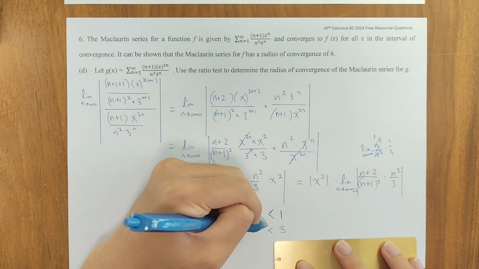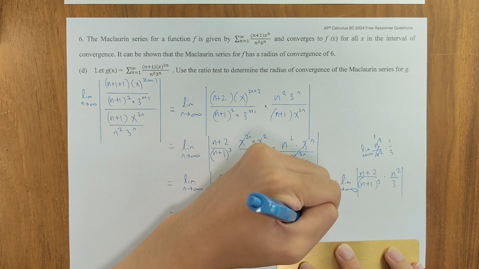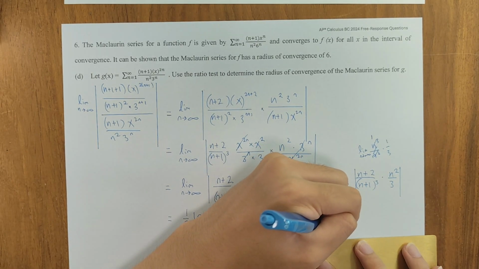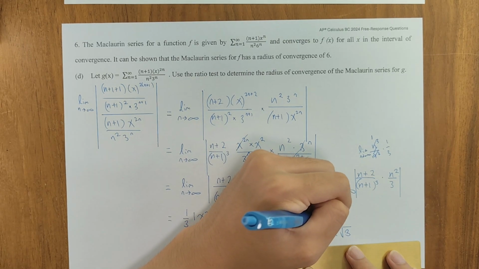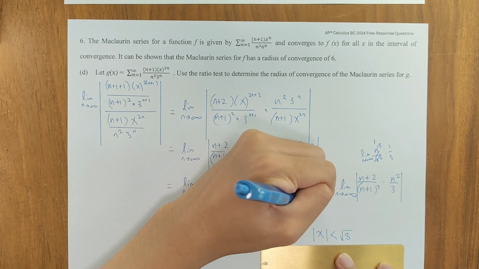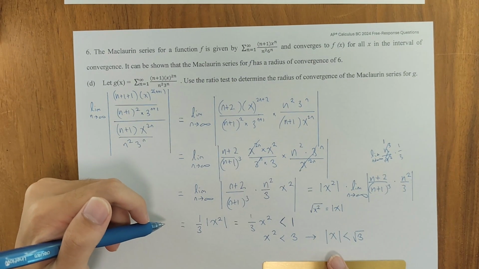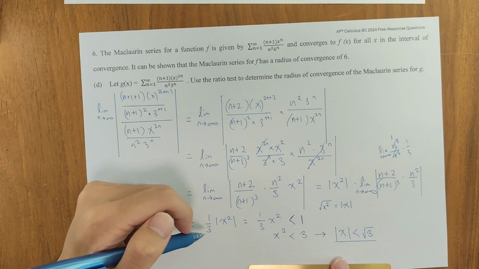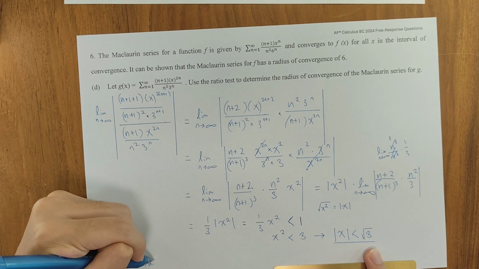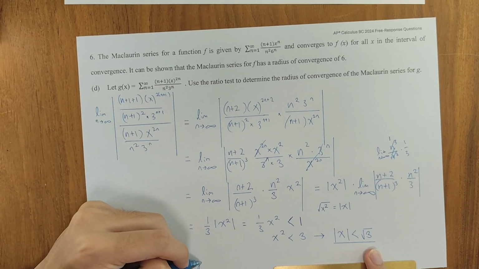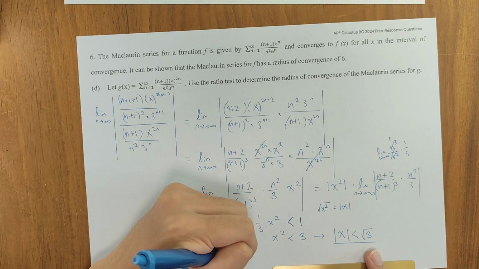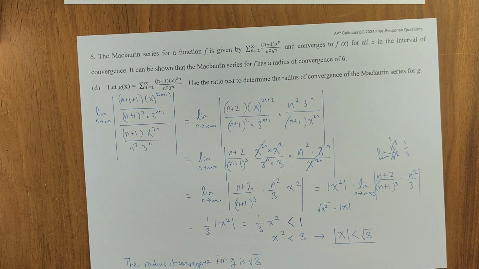Now we have to remove this square, so we put a square root on both sides. The square root of x squared equals the absolute value of x. So we have the absolute value of x smaller than the square root of 3, so the radius of convergence for the series g is the square root of 3.